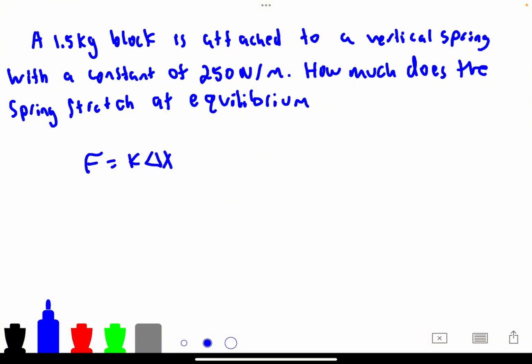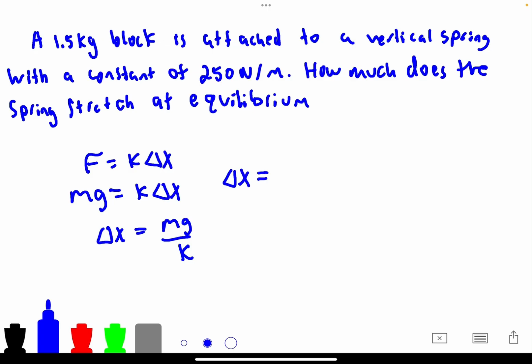The force in this case will be the force of gravity, mg, and we're trying to find the displacement. So mg is equal to k times the displacement, and so the displacement is mg over k.